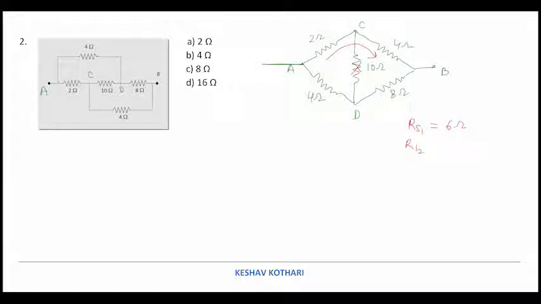RS2 is equal to 12 ohm, the series resistance of these two resistors, and the combination is in parallel. So R parallel is equal to R1 R2 upon R1 plus R2, and we get the effective value of 4 ohm. So for this question, 4 ohm is the effective resistance of this circuit.